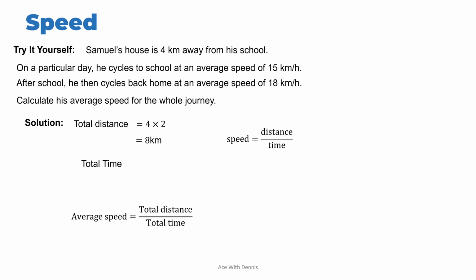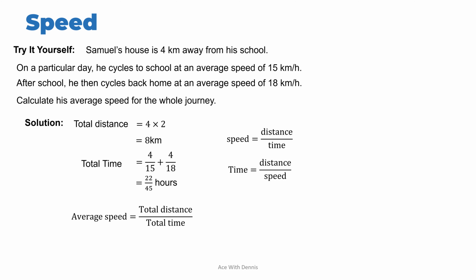To calculate the total time, we know that speed equals distance over time. Hence, time will be distance over speed. Hence, for this example, the first part of the journey will be 4 kilometers over the speed, which is 15 kilometers per hour. And the second part of the journey is 4 kilometers. The speed is 18 kilometers per hour.